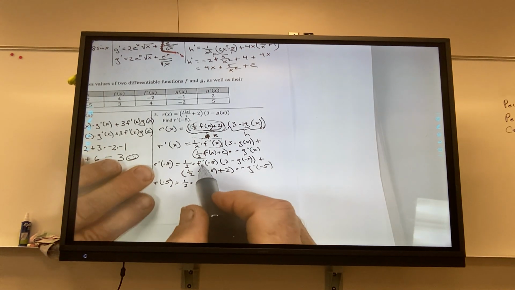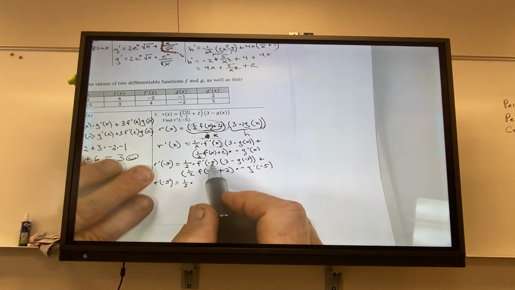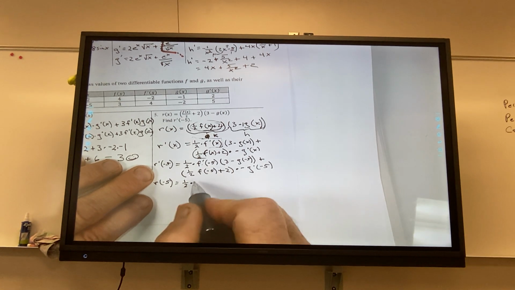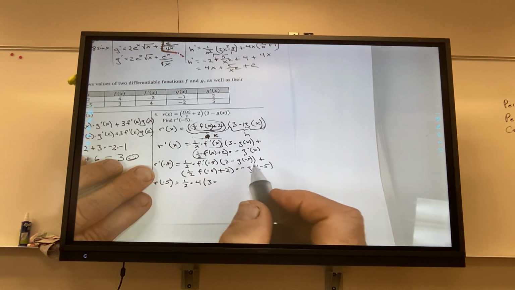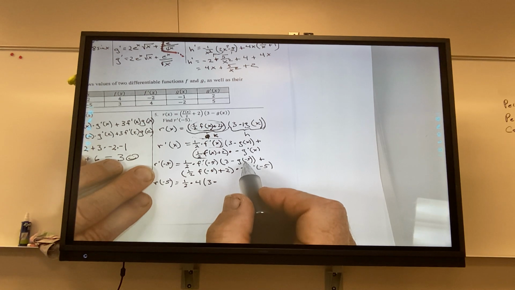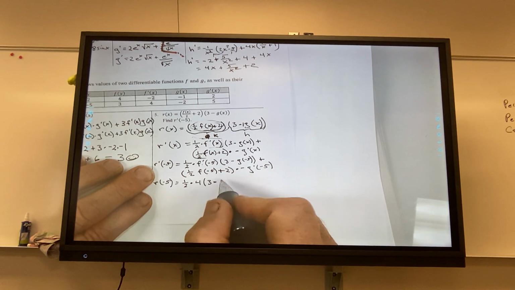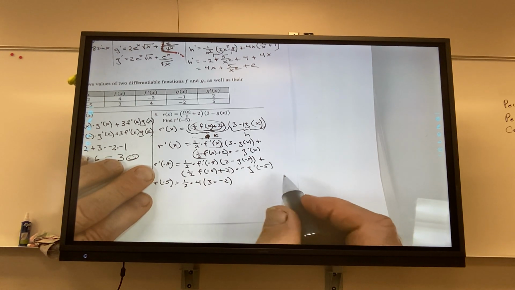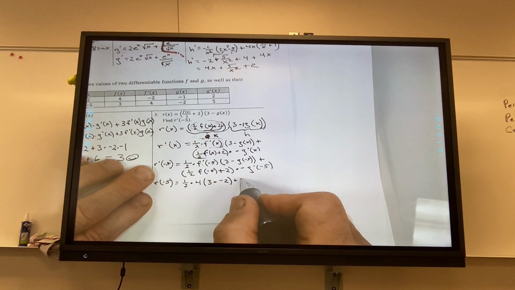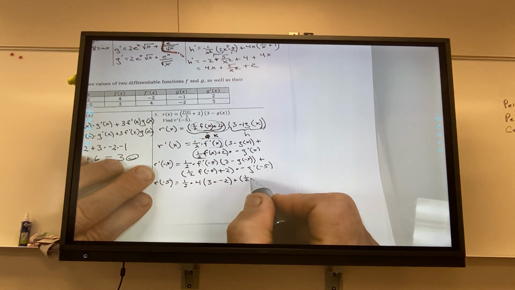Times, what's the derivative of f when x is -5? What is g of -5? Plus, parentheses, 1/2.